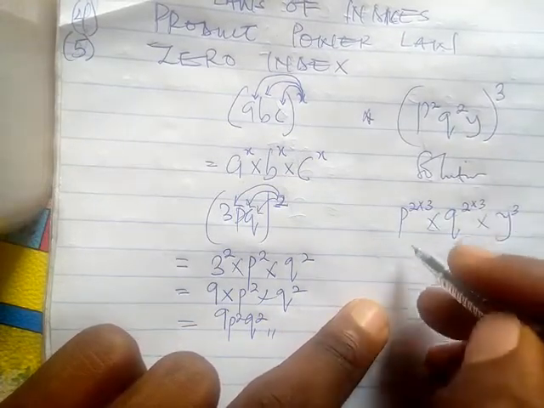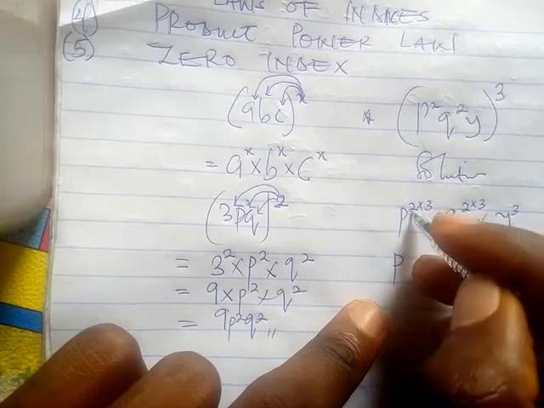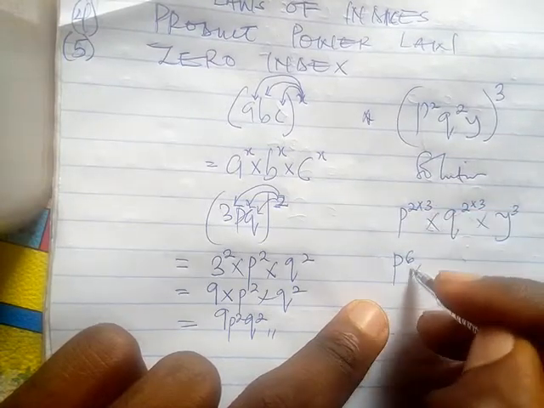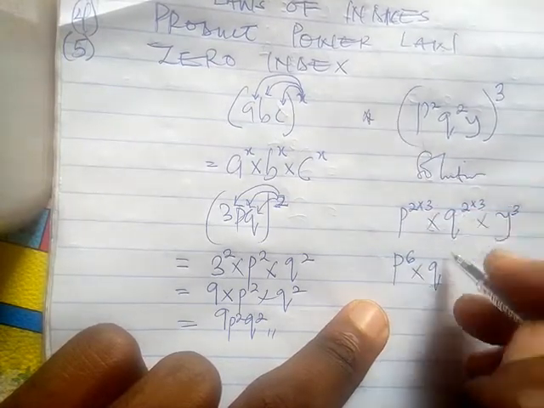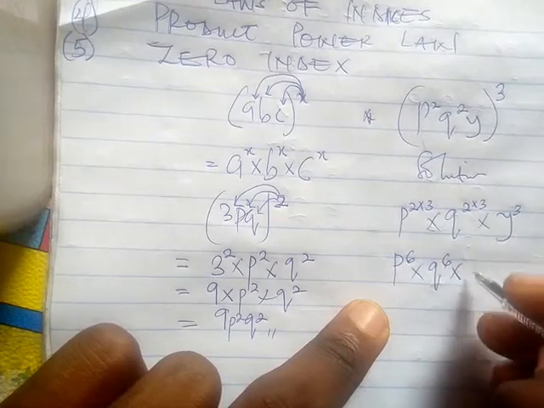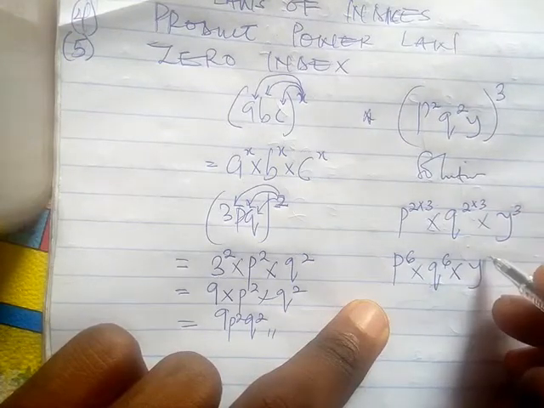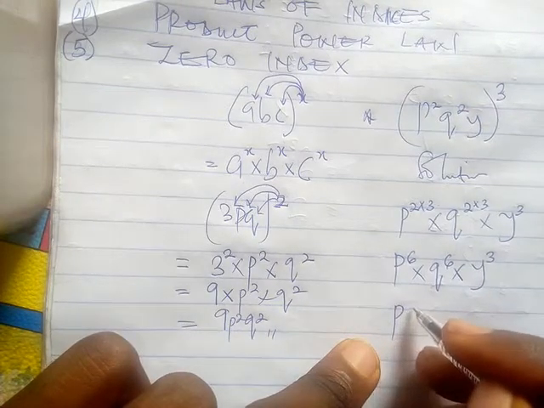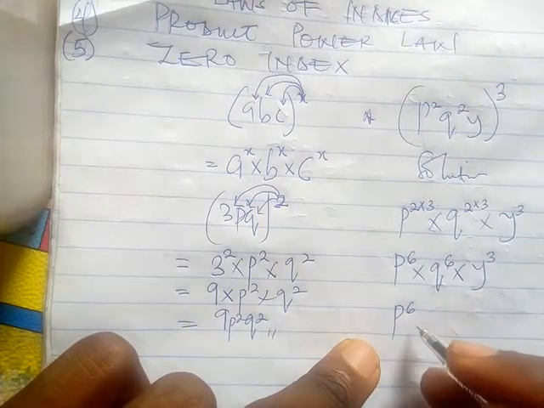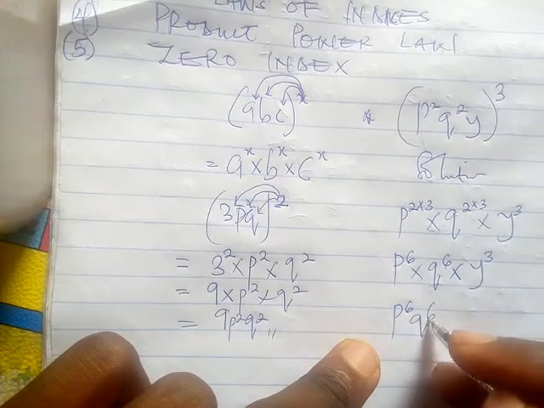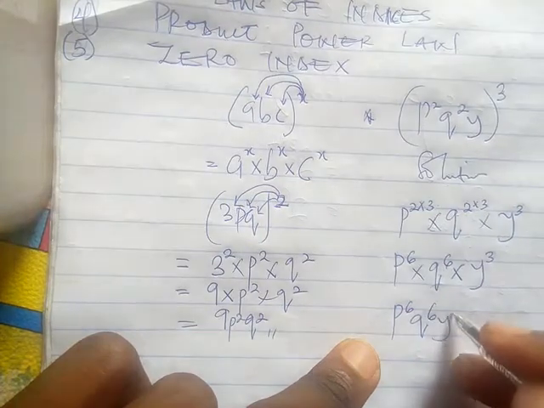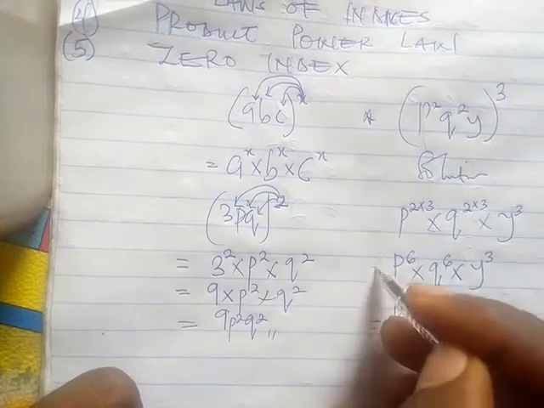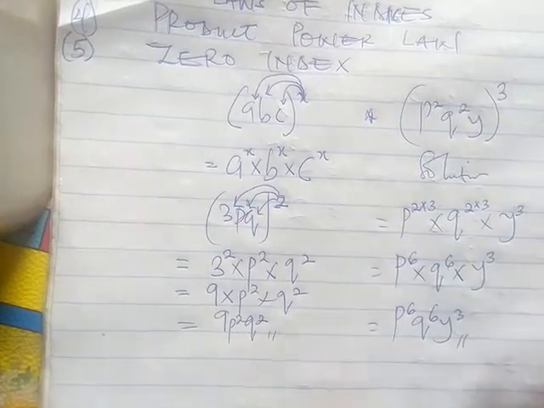So when you solve this, you are going to have p raised to power 2 times 3 gives you 6, times q raised to power 2 times 3 gives you 6, times y raised to the power of 3. So this gives you p raised to power 6, q raised to power 6, y raised to the power of 3. So you have that as the answer.